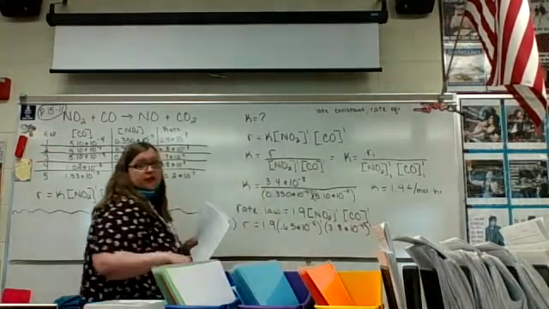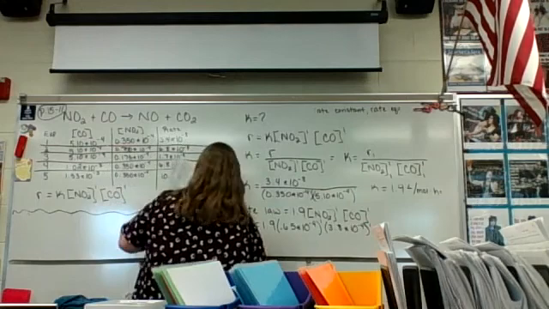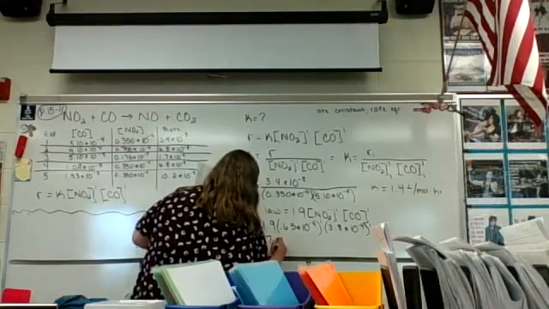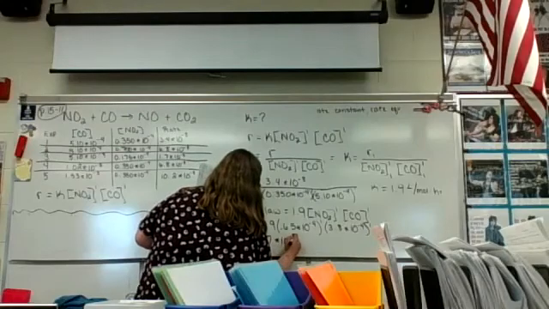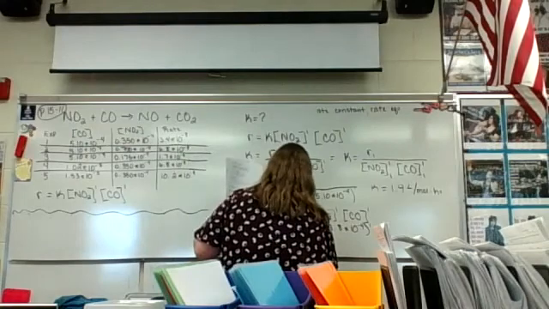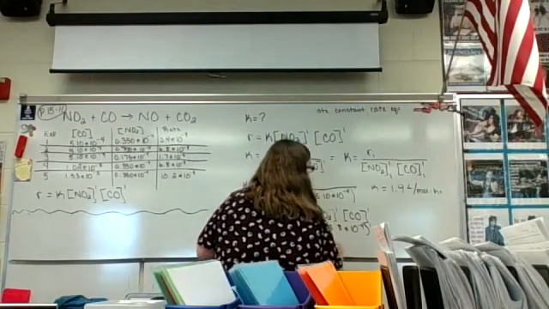And all you have to do is plug it into your calculator. The rate is going to equal 4.7 times 10 to the negative 8 mole per liter hour.